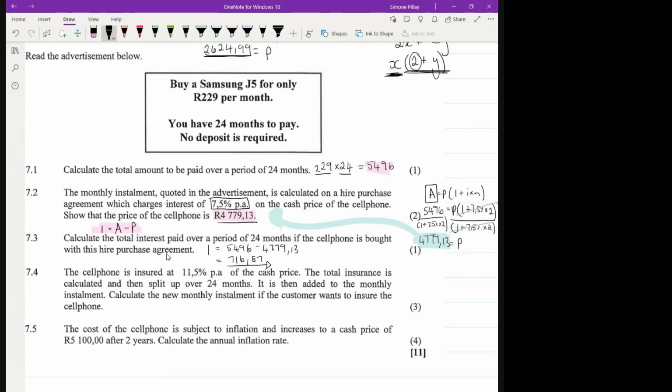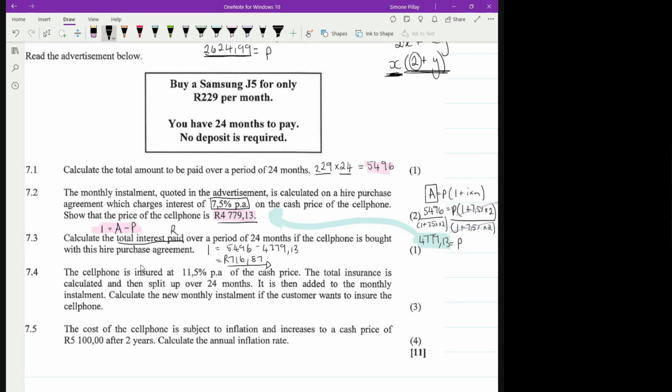Ma'am, I just have a question. Yes? For the previous question, when you're finding interest, once you get the amounts in rands or whatever currency, don't you times it by 100 to get the percentage, or is that not necessary? You should be very careful, because here they asked for total interest paid. If they're asking for interest paid, it should be in a rand amount. If they are asking for the interest rate, that is when you would be looking for a percentage.